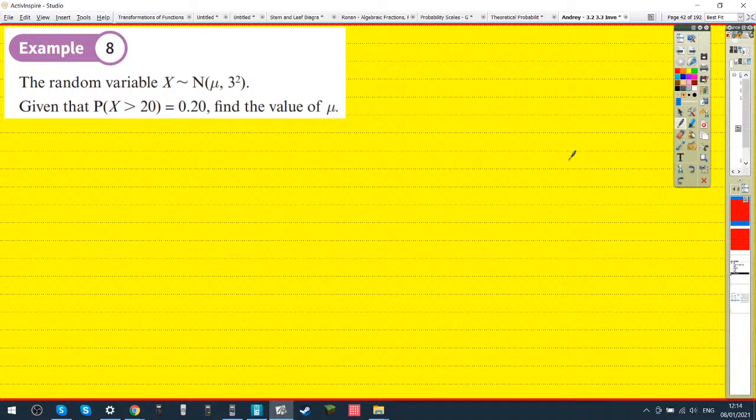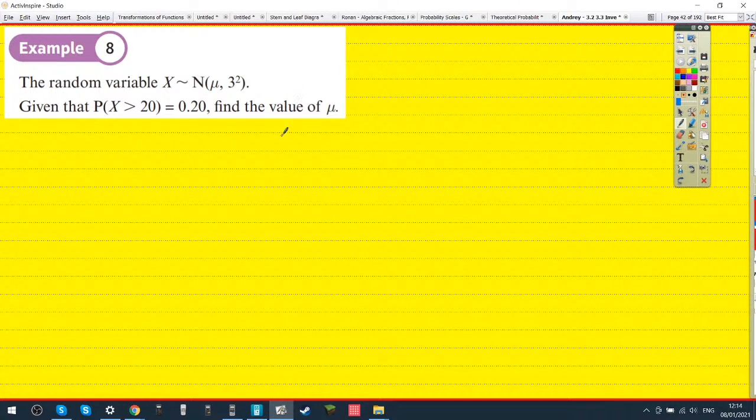So if I use the formula Z equals X minus mu over D, do I then do 0.2, or is it not 0? I know that mu is mu and D is 3. So that's mu, that's 3.